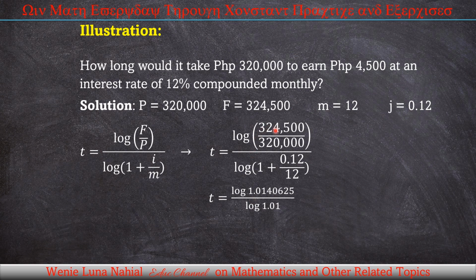Then the quotient of 324,500 divided by 320,000 is 1.014065. And 0.12 divided by 12 plus 1, you get 1.01. So you have to take the logarithm of the numerator, this number, and the logarithm of the denominator, which is 1.01. So you get t equals 1.403 years.